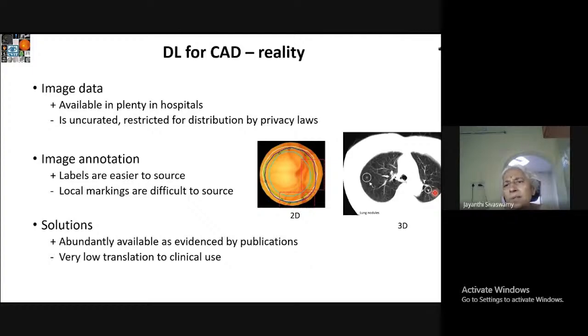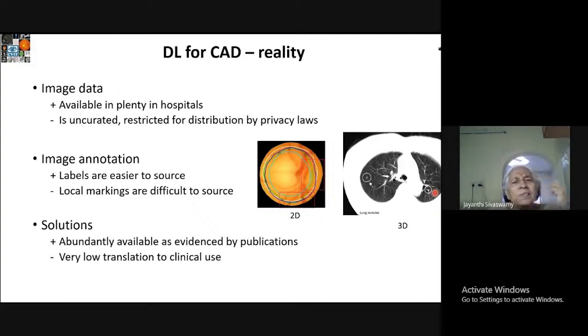So typically for the lung, you might have 100 to 120 slices covering the whole lung region. So to mark one image or one patient's image volume, you are actually asking the expert to go through 100 to 120 slices. It's extremely laborious, and that's why such markings are difficult to source.